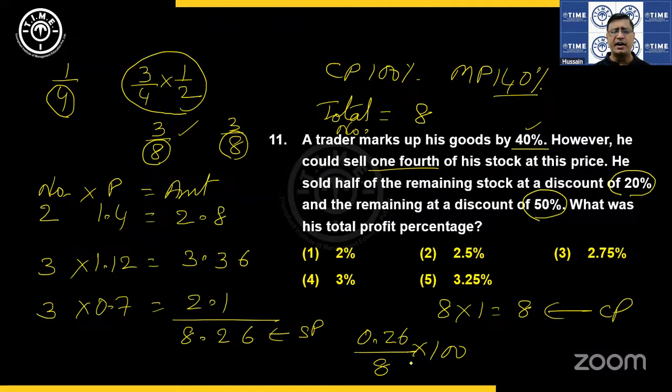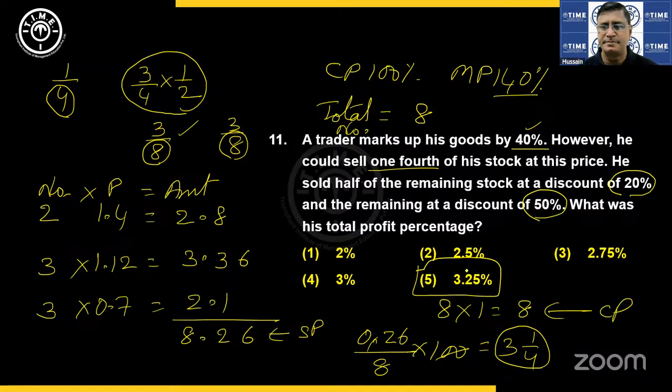Simplify. 100 and decimal get cancelled. Now 3 times of 8, 24. 2/8 means 1/4. 3 1/4 means 3.25. The right choice is option number 5. Fifth option is the right answer.